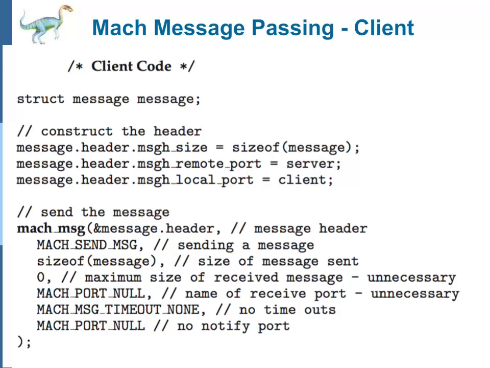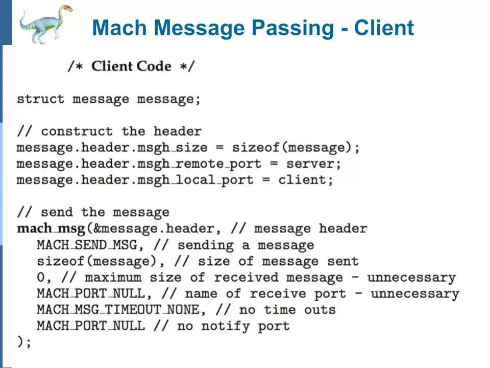Then we construct the header. So we specify the size. The remote port is the destination, that's the server. And the local port is the source, that's the client. So the client is going to send a message to the server.